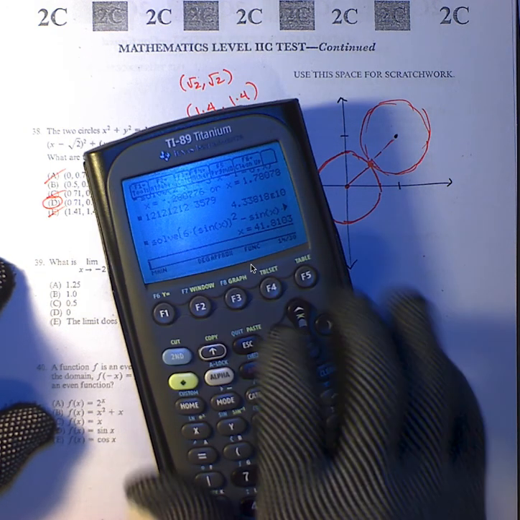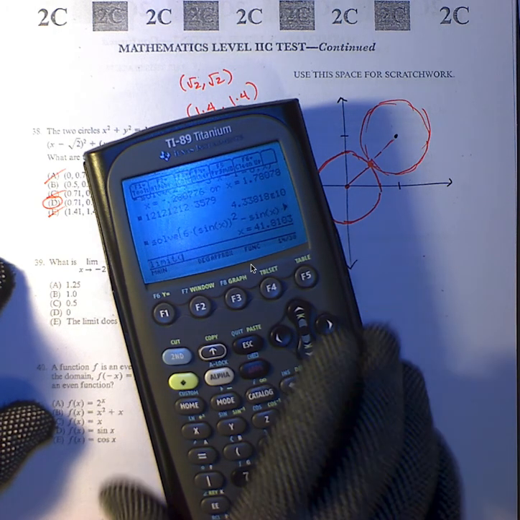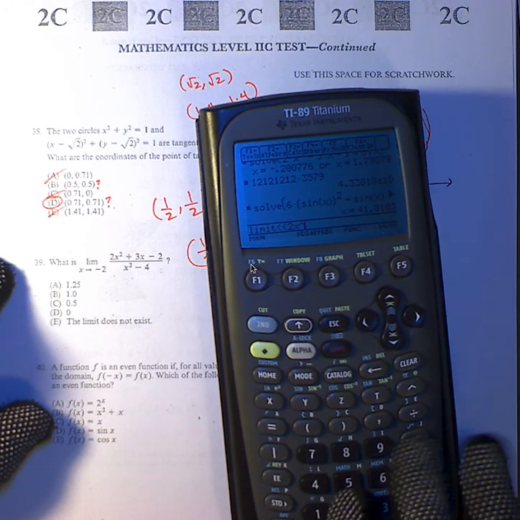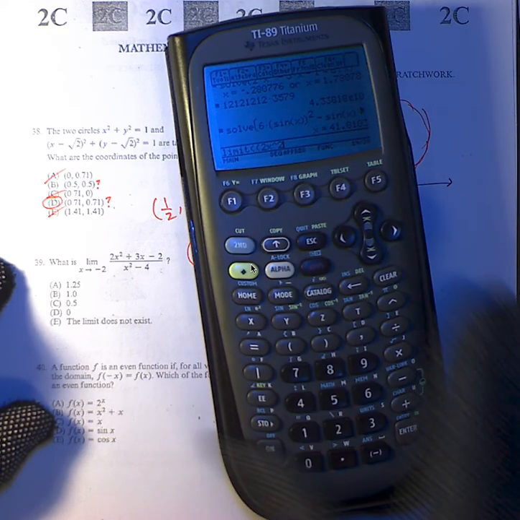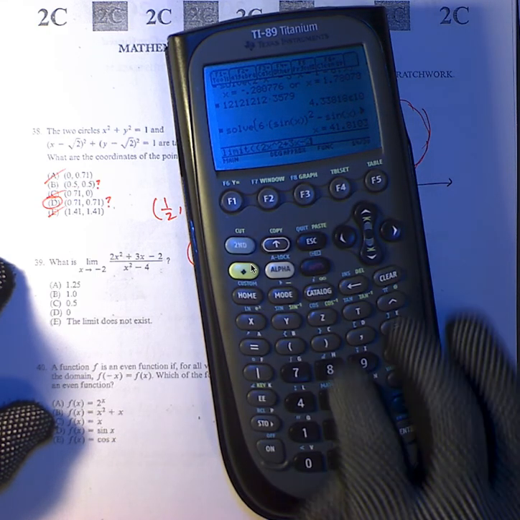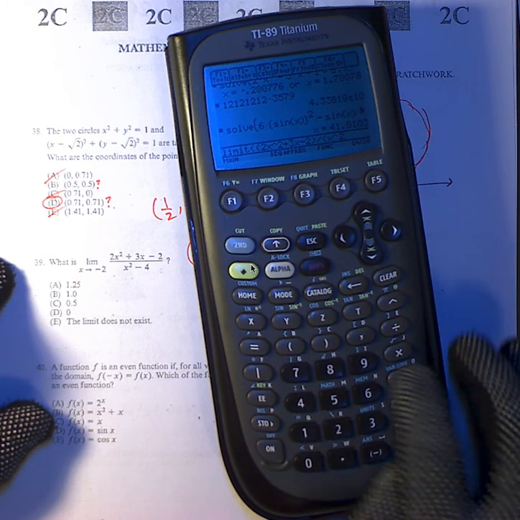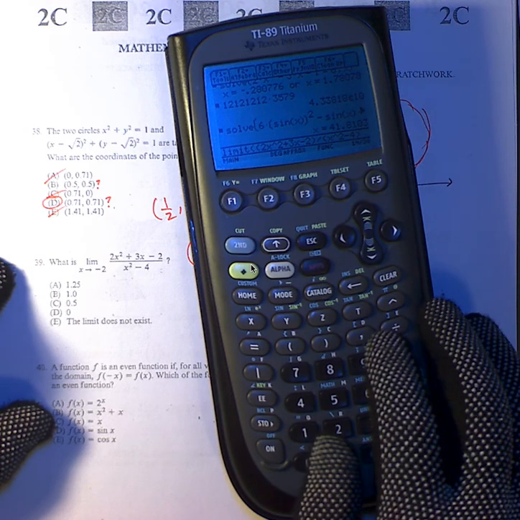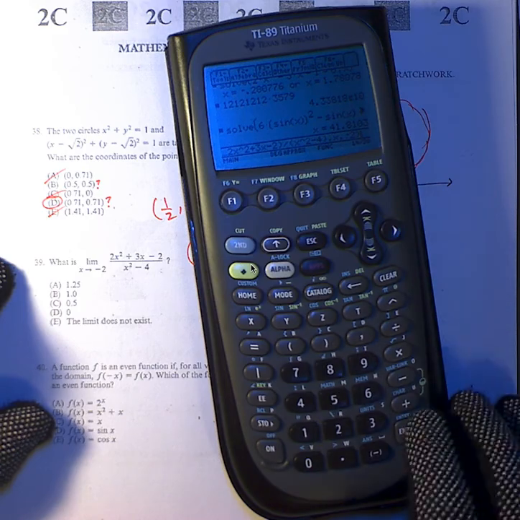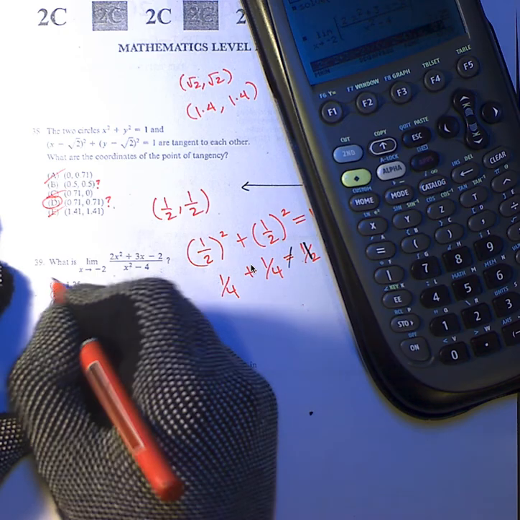That's what I would do: I'd go to F3, find a limit, and type exactly what I have, 2x squared plus 3x minus 2 divided by x squared minus 4, then comma x comma -2, close parenthesis, hit enter. So 1.25. There it is.